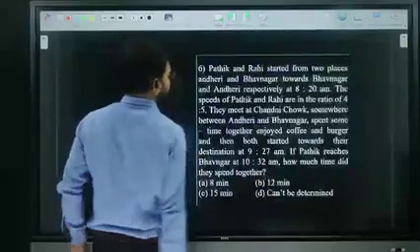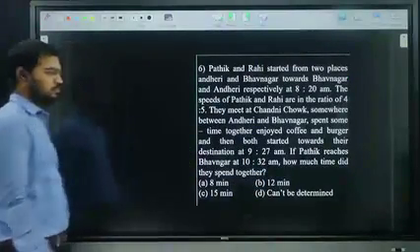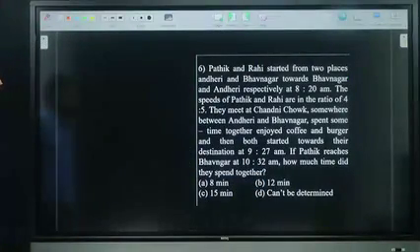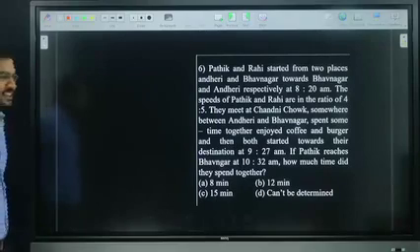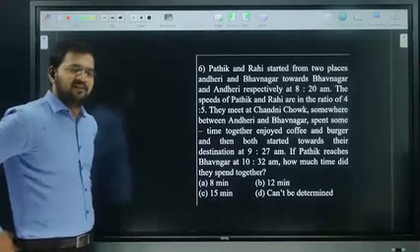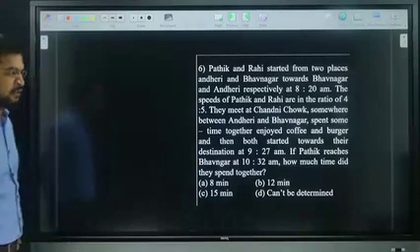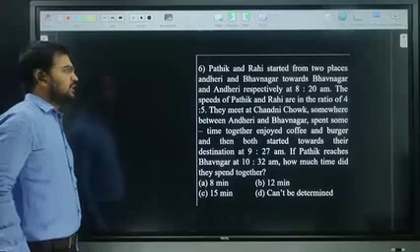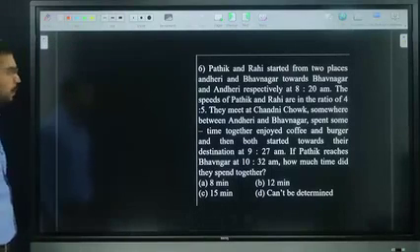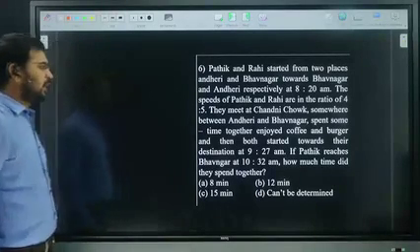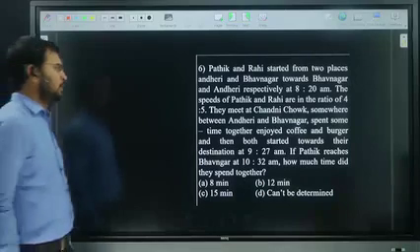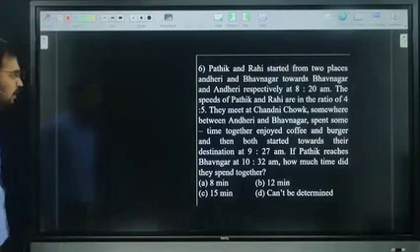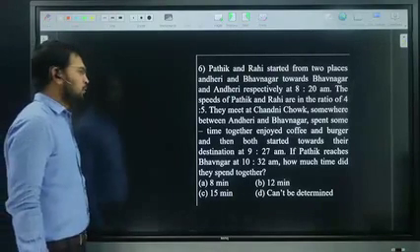Next question. Just read the question carefully. If you read the question carefully, then you can get the answer. Patik and Rahi started from two places, Andheri and Bhavanagar, towards Bhavanagar and Andheri respectively at 8:20 a.m. The speeds of Patik and Rahi are in the ratio 4:5.